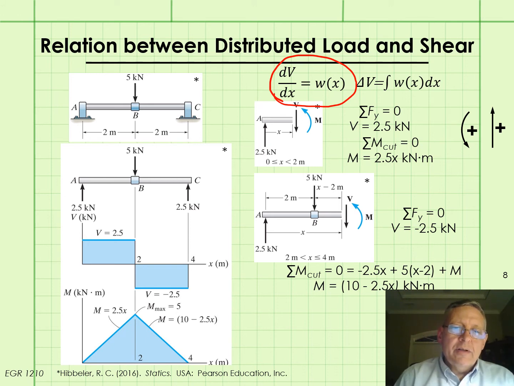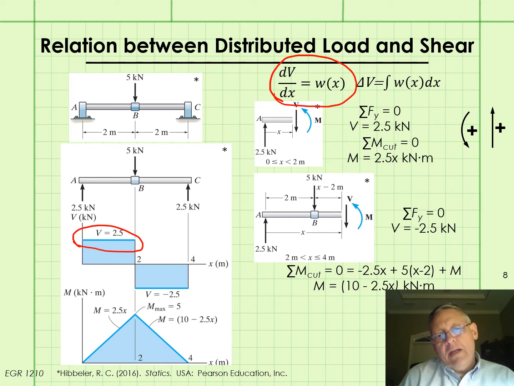So we look at our shear curve, and it's just a horizontal line for this segment of the beam, and the slope of a horizontal line is 0, which means that the intensity of our distributed load must be 0, and that checks because we had no distributed load, or we had a distributed load with an intensity of 0.